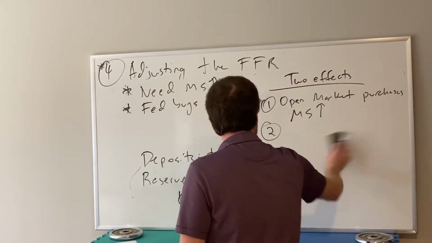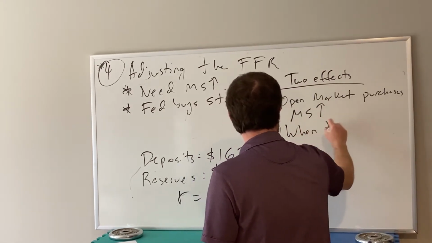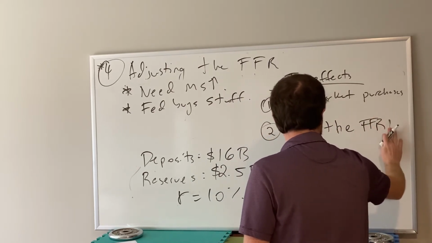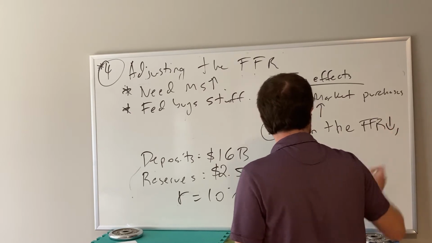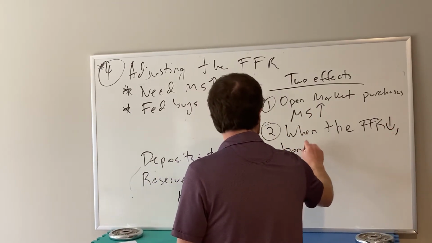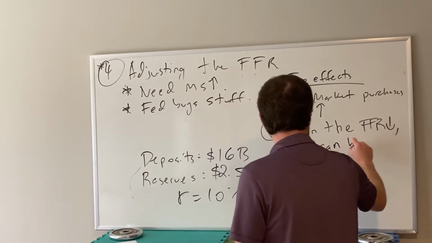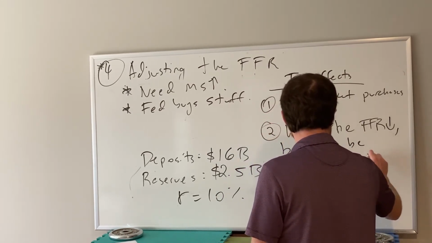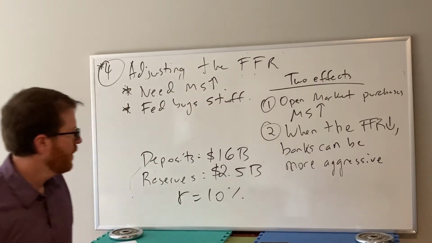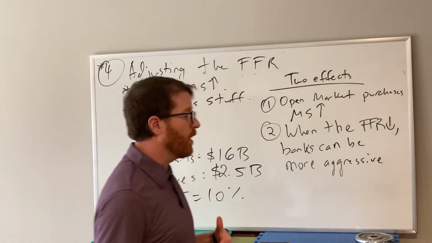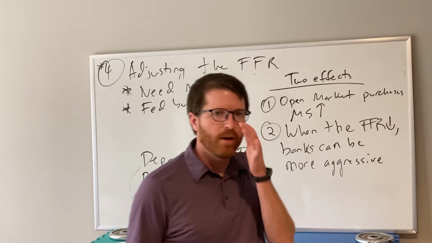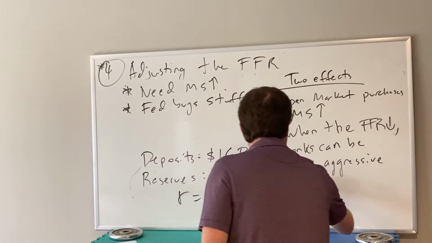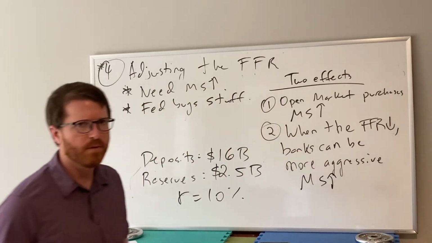When the federal funds rate goes down, now banks can be more aggressive. Okay? Now that the federal funds rate is lower, banks can be more aggressive. That will cause more loans, and that also will make the money supply go up.